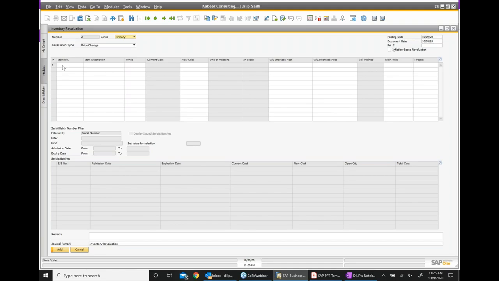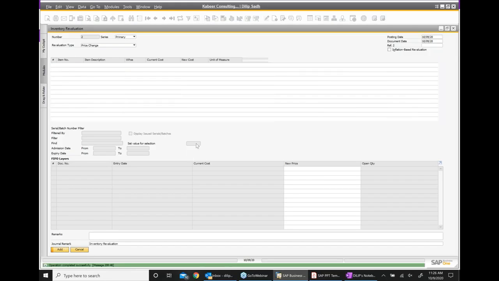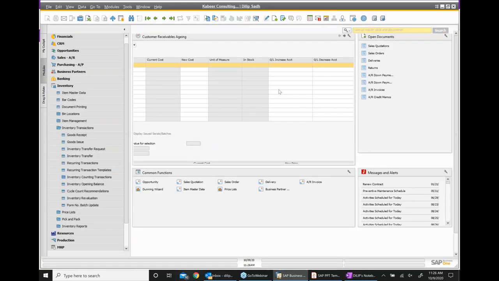I add the item, so let's say FG07, and I put an item cost, and this is the standard item cost. Say I set the cost of this item as 100 per piece. So I'm setting up 100 rupees per piece, and I say add. Operation completed successfully.